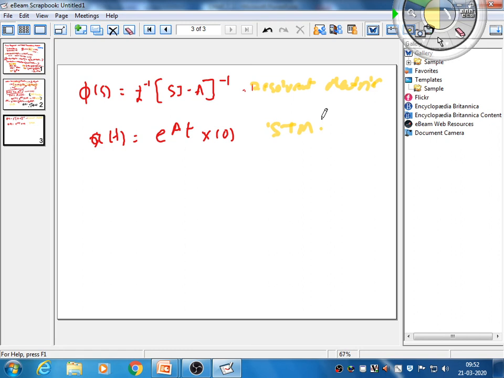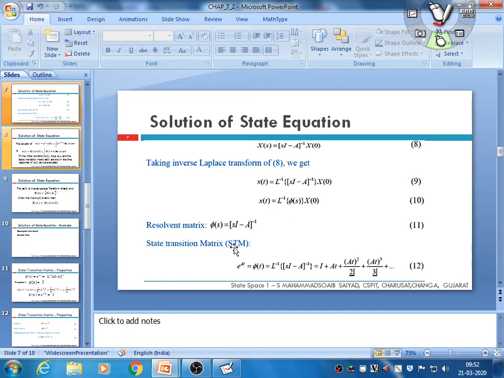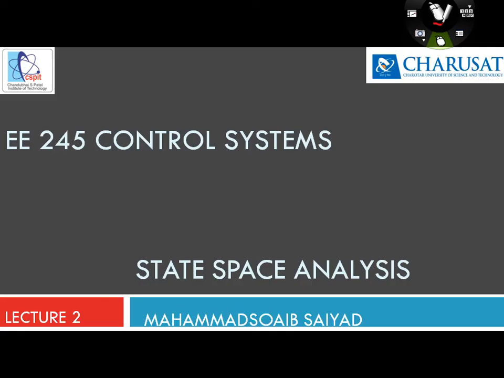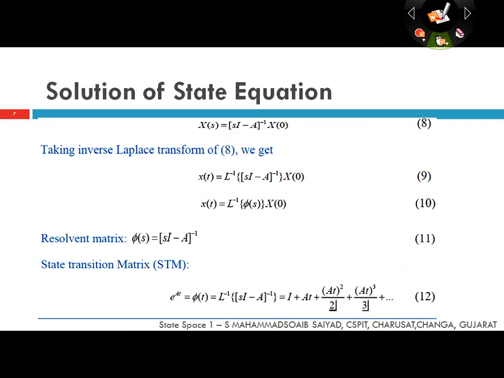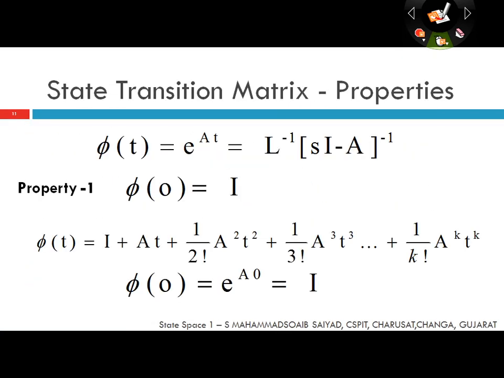In examination it might happen that you will be asked to find either the resolvent matrix or the state transition matrix. The resolvent matrix is phi of s is equal to si minus a inverse.